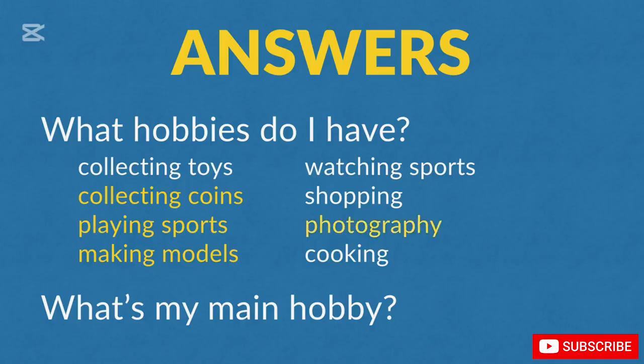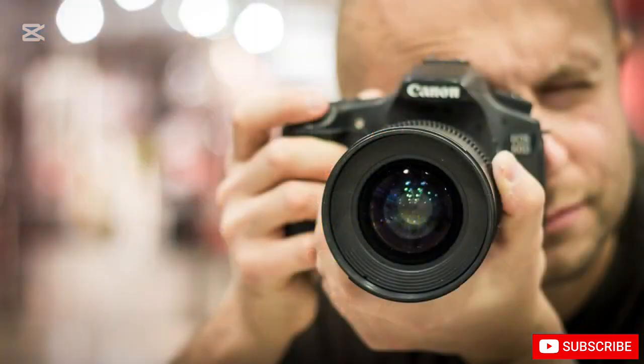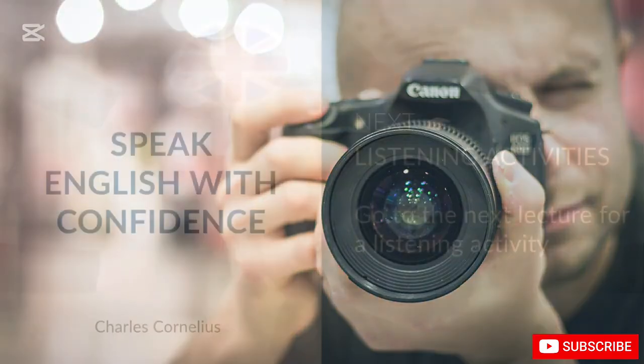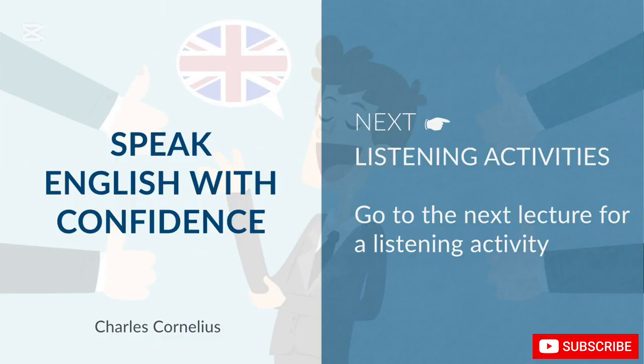Photography. But what's my main hobby? Well, my main hobby is photography. It's my main passion. So it's more than just a hobby, it's a passion. So now go to the next lecture for a listening activity.